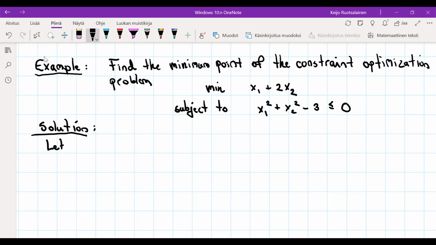So let us use the Karush-Kuhn-Tucker conditions.